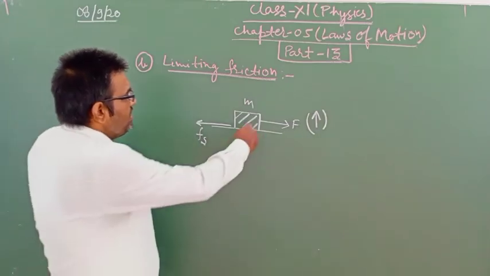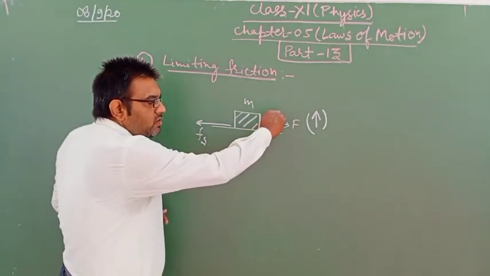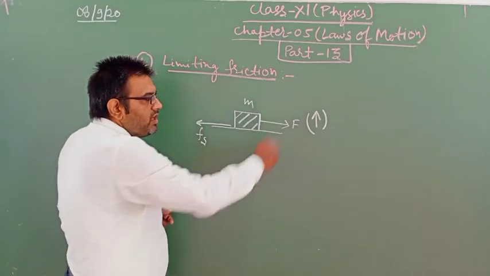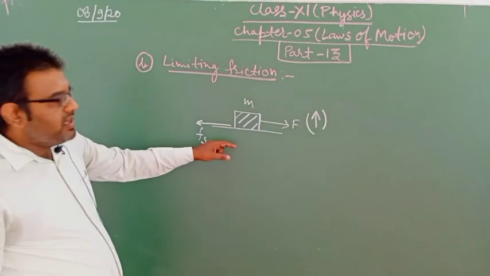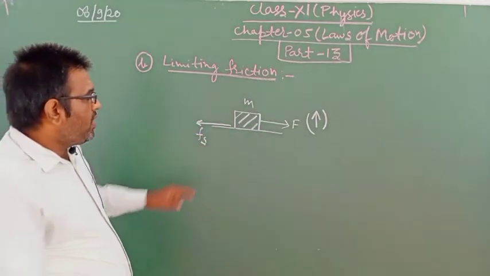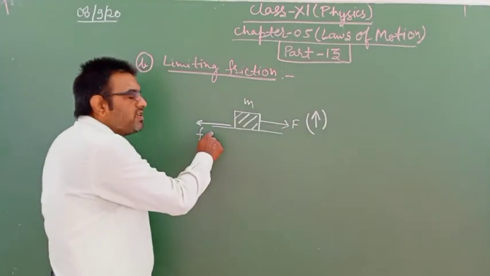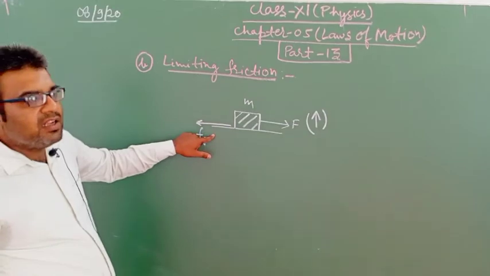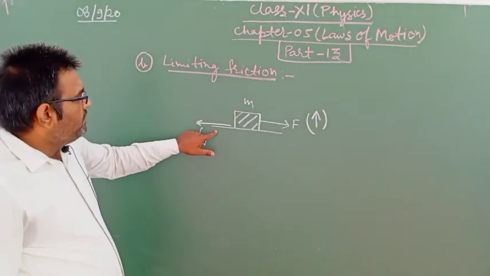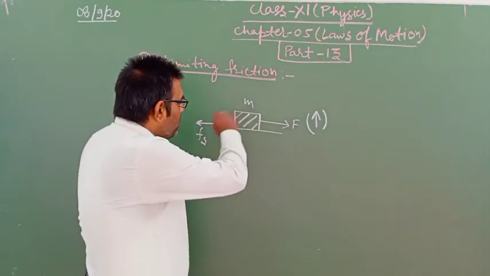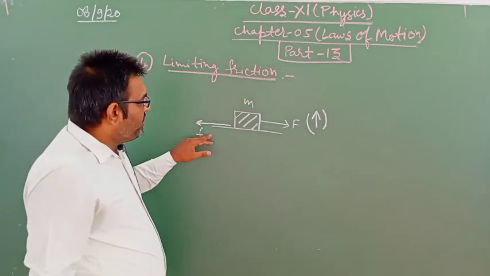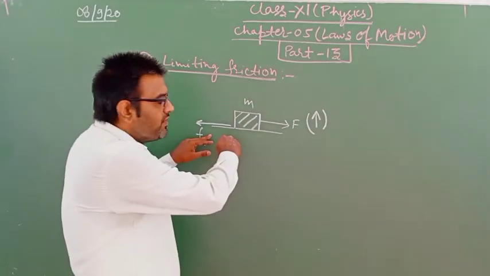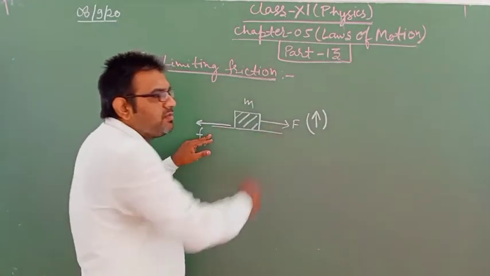And as this applied force goes on increasing, a condition is approached, because the static friction will increase only up to a certain value. After that, the applied force overcomes the static friction, and the block starts moving.